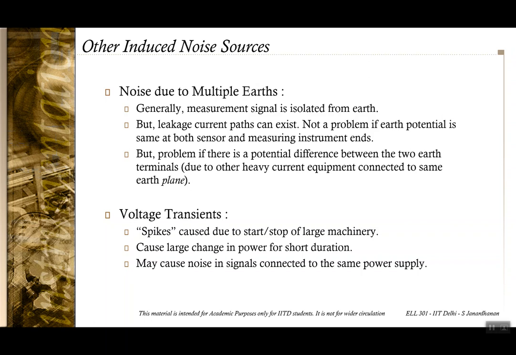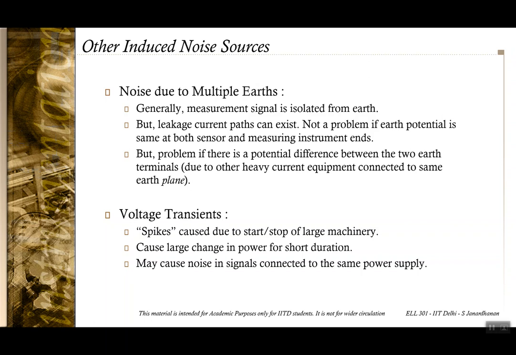In addition, in this circuitry, another point is that if you have a situation where your sensors are being powered from the same electrical supply that powers large machinery, whenever that machinery is going to start or stop, there may be a power spike or a voltage spike in your measurement circuit.